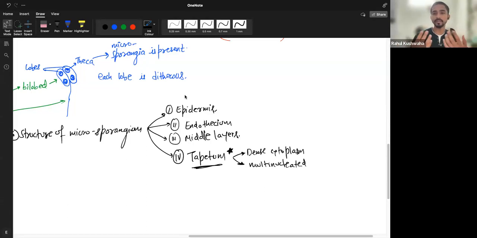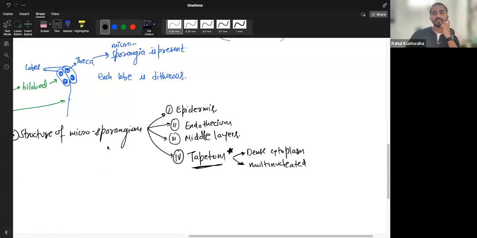So if a lot of protein is in the cytoplasm, it will be dense, right? And that's why these cells are very good nourishing cells, because they have an abundance of everything, so they can fulfill their own requirements, and they can also fulfill the requirements of the cells nearby by providing them with the proteins. Does that make sense, everyone? So that's why tapetum is multinucleated.